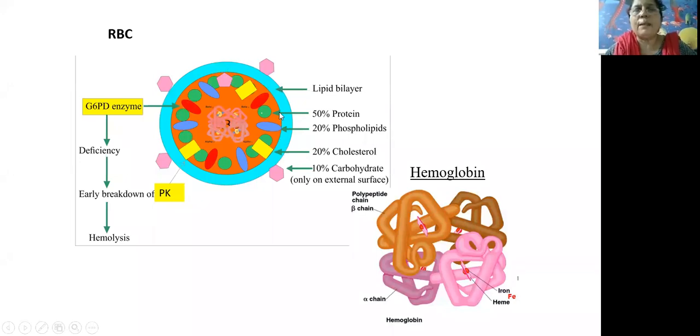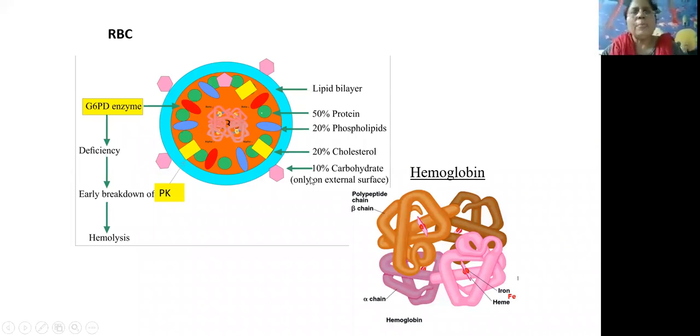So remember, these are all transmembrane proteins within the lipid. They are anchoring proteins. Okay, there are transmembrane proteins and anchoring proteins, and inside the cytoskeleton there are enzymes as well as hemoglobin.